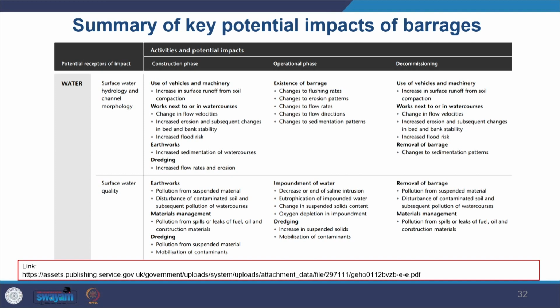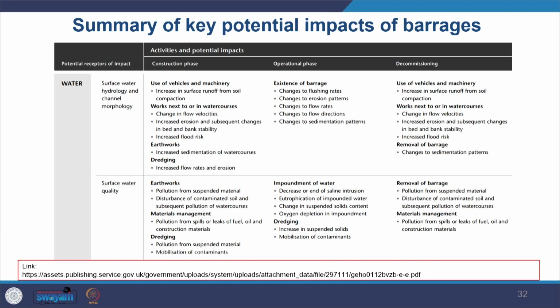During the construction phase you can have use of vehicles and machineries. They can increase the surface runoff from soil compaction. Then you can see the change in flow velocity, increased erosion and subsequent changes, the increased flood risk, and so on.